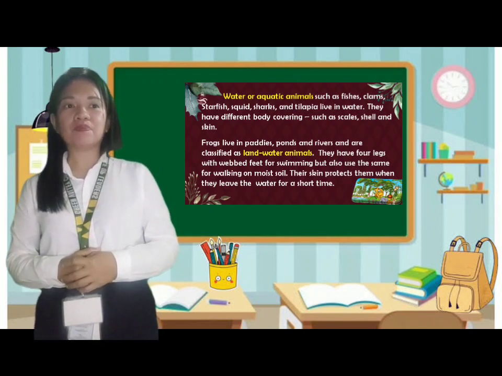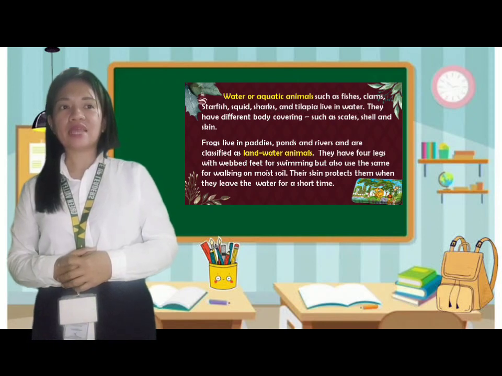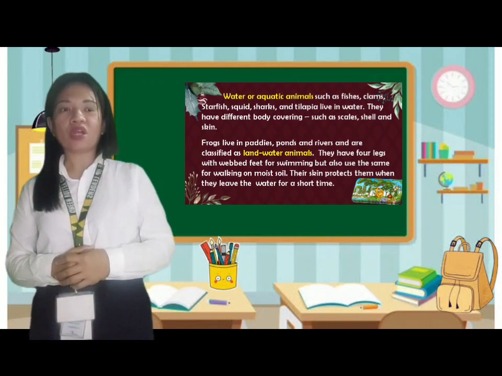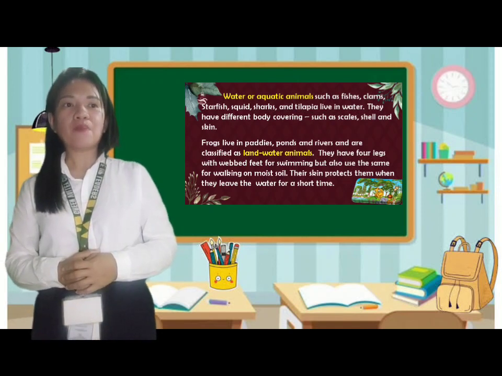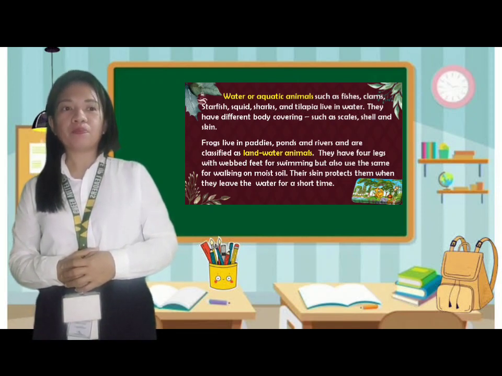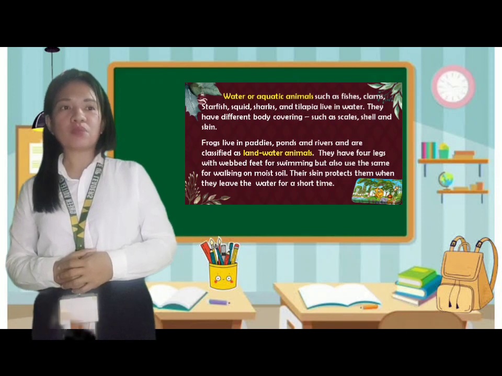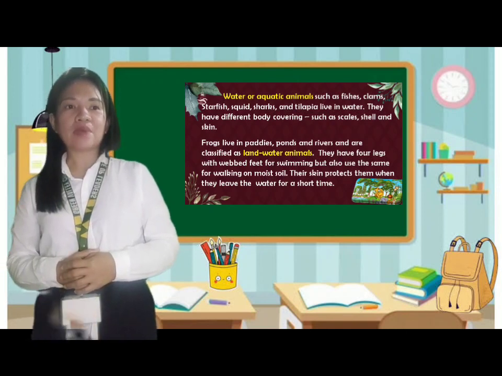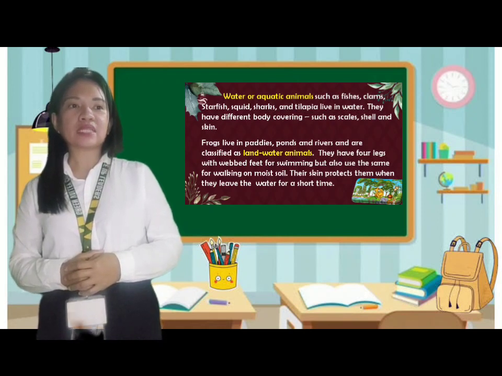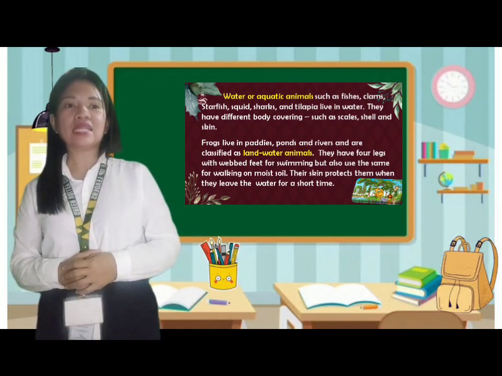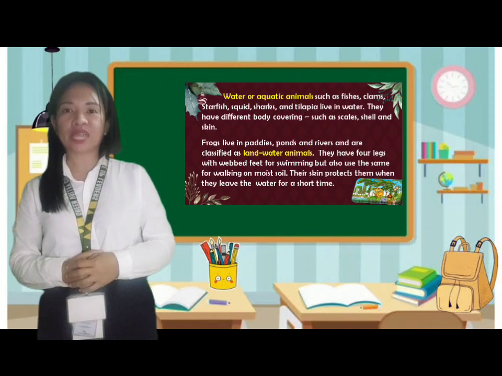Frogs live in paddies, ponds, and rivers, and are classified as land and water animals. They have 4 legs with webbed feet for swimming but also use them for walking on moist soil. Their skin protects them when they live in water for a short time.